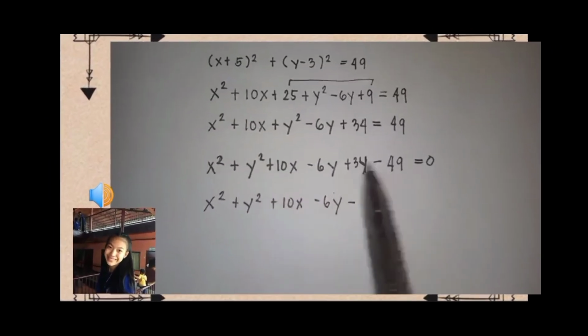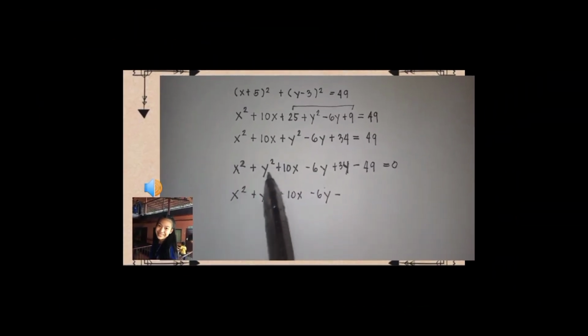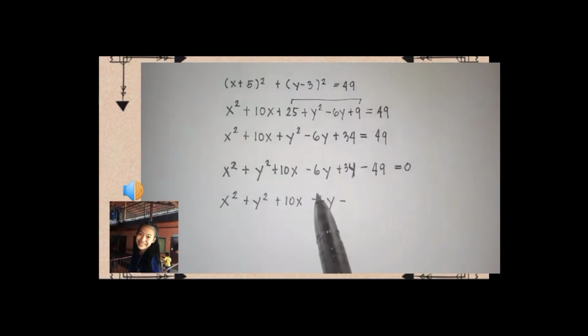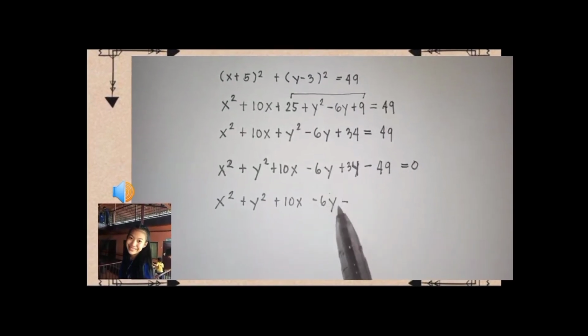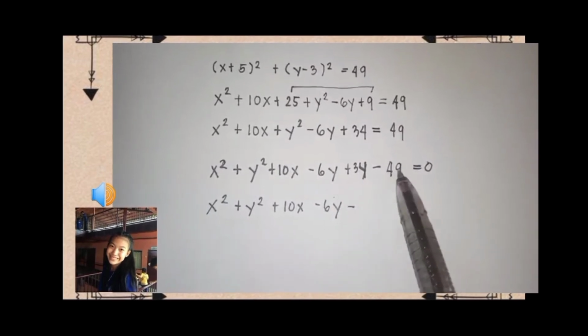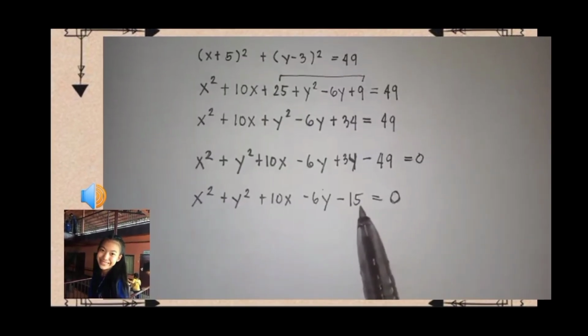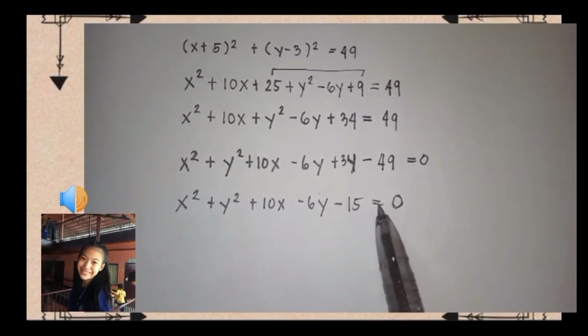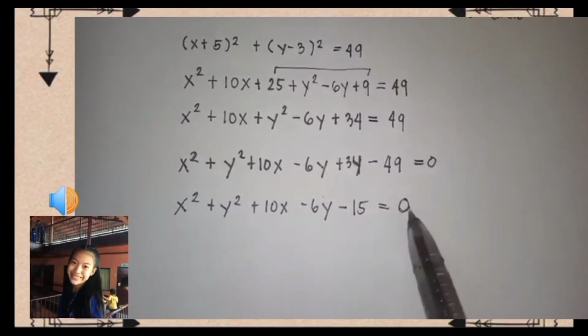Let us combine x squared plus y squared plus 10x minus 6y, and 34 minus 49 is equal to negative 15, and it is equal to 0.